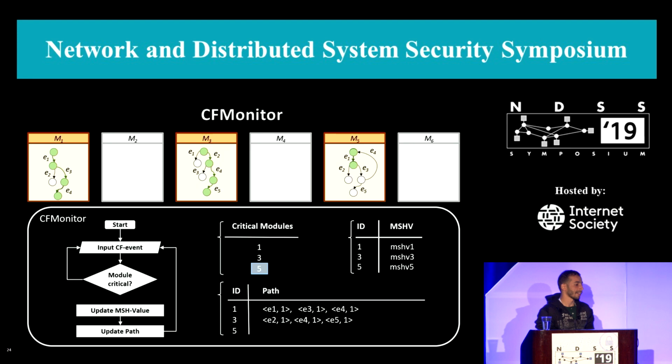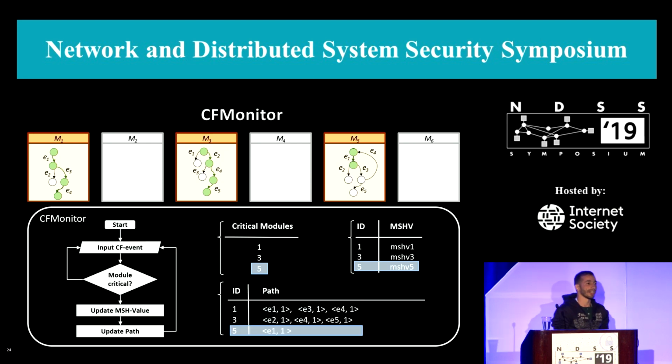If it exists, it modifies the multiset hash value for this ID and also updates the execution path multiset accordingly. So for E1, similarly when E2 is executed and when E3. And if an edge is executed that is already in the path, it only updates the number of times that this edge has been executed.